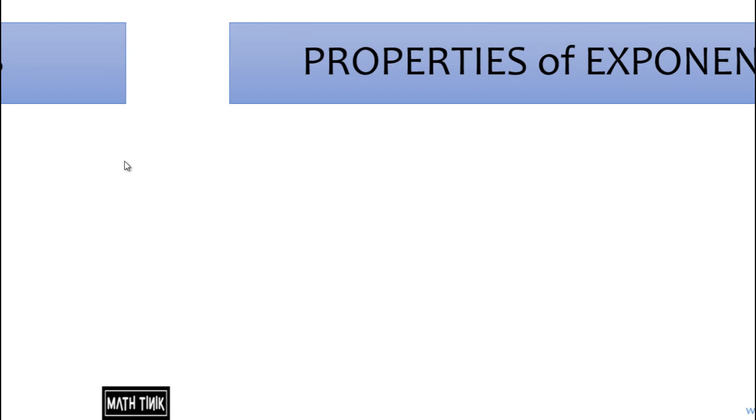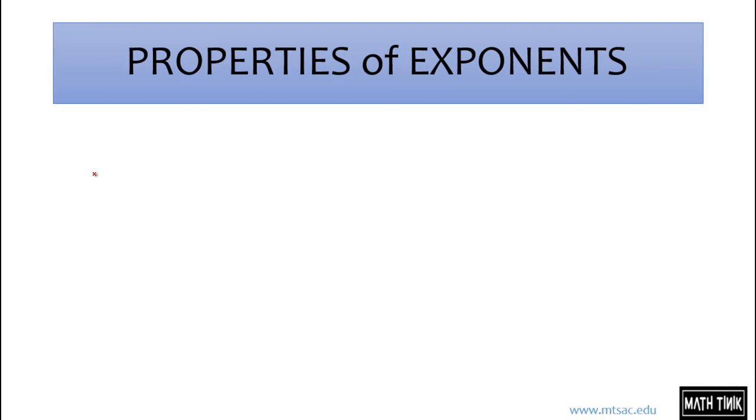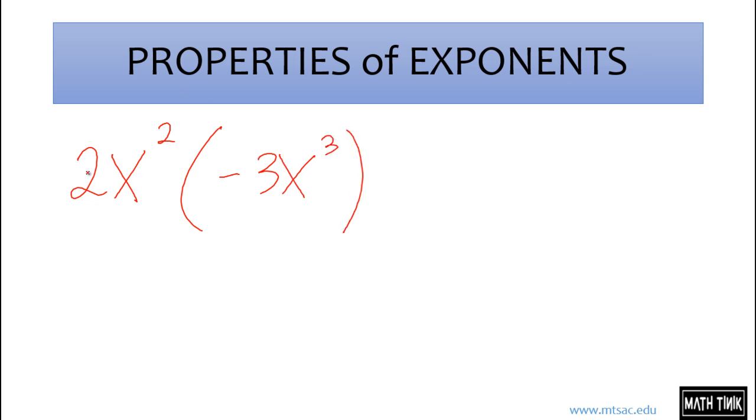Okay, next example. We have 2x squared times negative 3x raised to 3. As you can see, meron ng number katabi ni variable x. On our first term, we have 2. On the second term, we have negative 3. Take note, the number na katabi ng variable is what we call the coefficient.